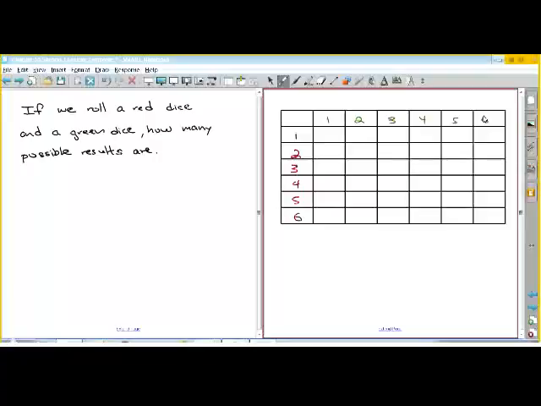If I throw 1 dice, I have 6 choices. We already talked about that. The question is, if you throw two dice, what are the possible results? You can kind of tell the answer is going to be 6 times 6, which is 36. But we're going to actually just list them all. The first digit will be the red value, and the second digit will be the green value.